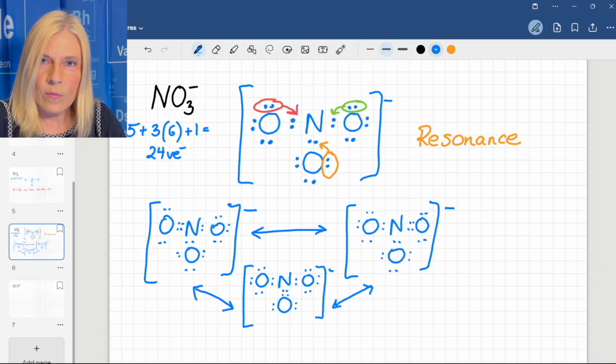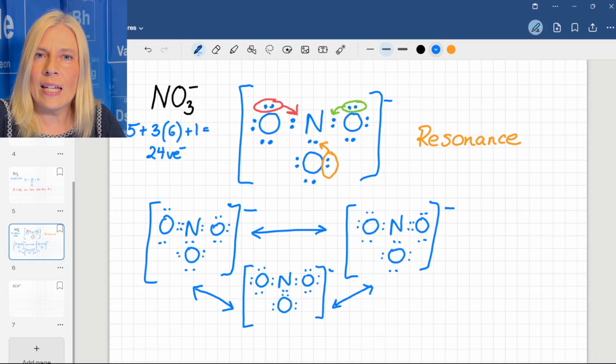And do we have experimental evidence? What's going on here? The truth is the real structure is somewhere between them. Single bonds are longer than double bonds, and double bonds are longer than triple bonds.